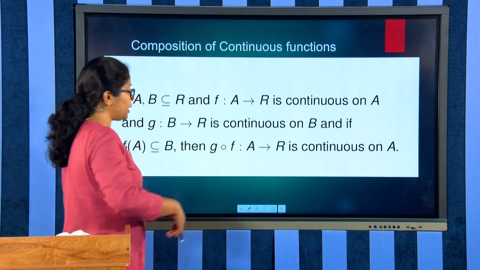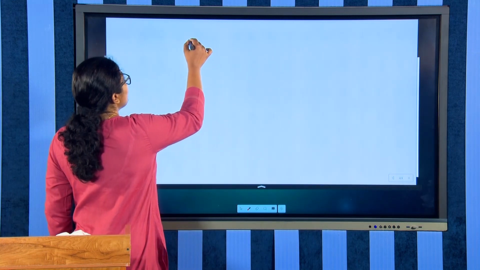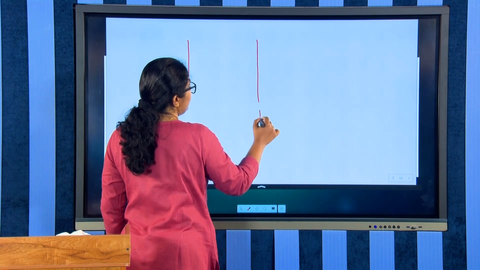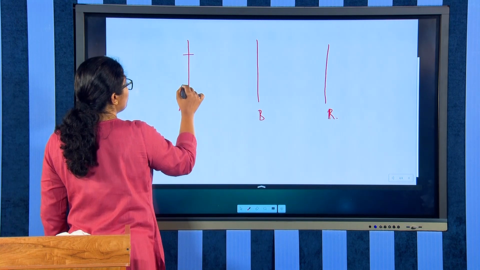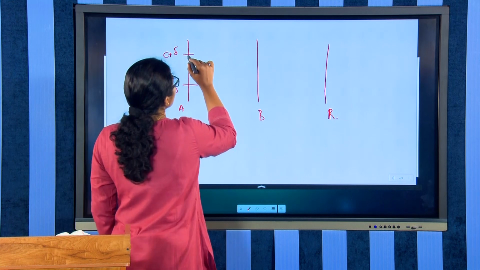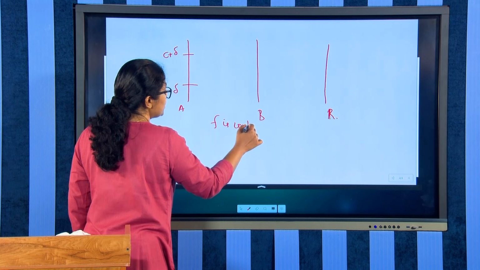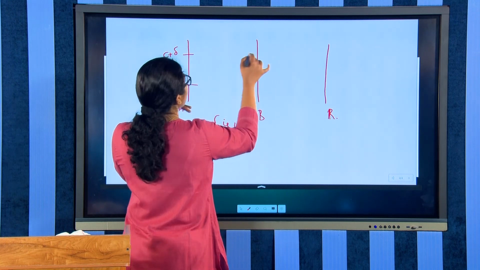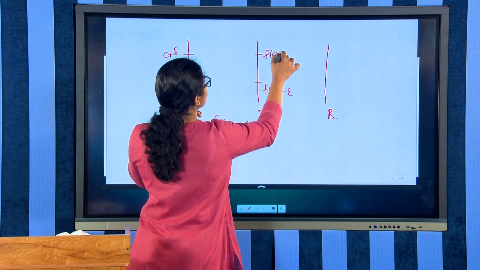So, why is this theorem correct? As we have seen in the previous case, this is A, this is B, and this is R. If you have a delta neighborhood of c, since f is continuous, f of x lies in the epsilon neighborhood of f of c, (f of c minus epsilon, f of c plus epsilon).